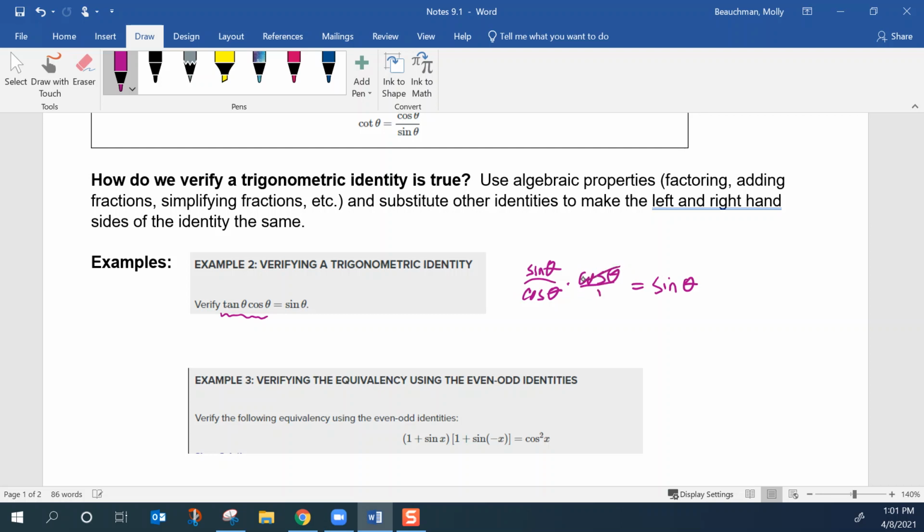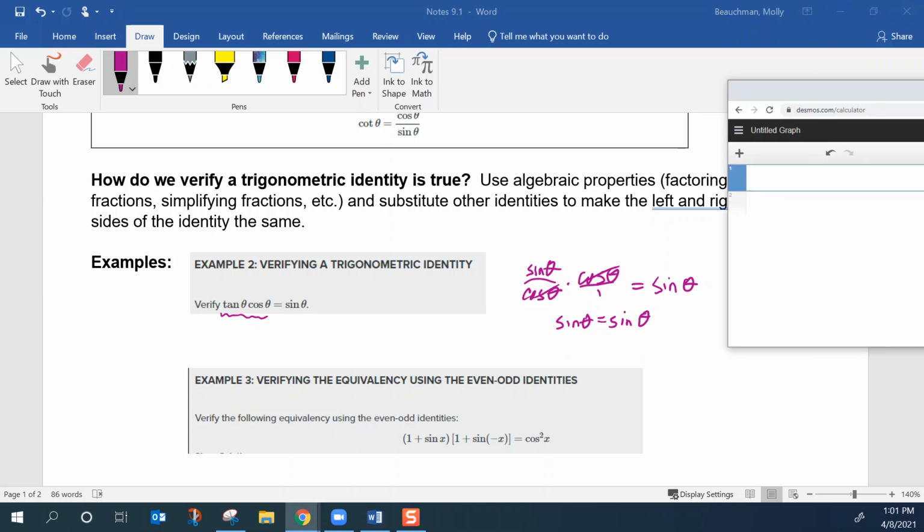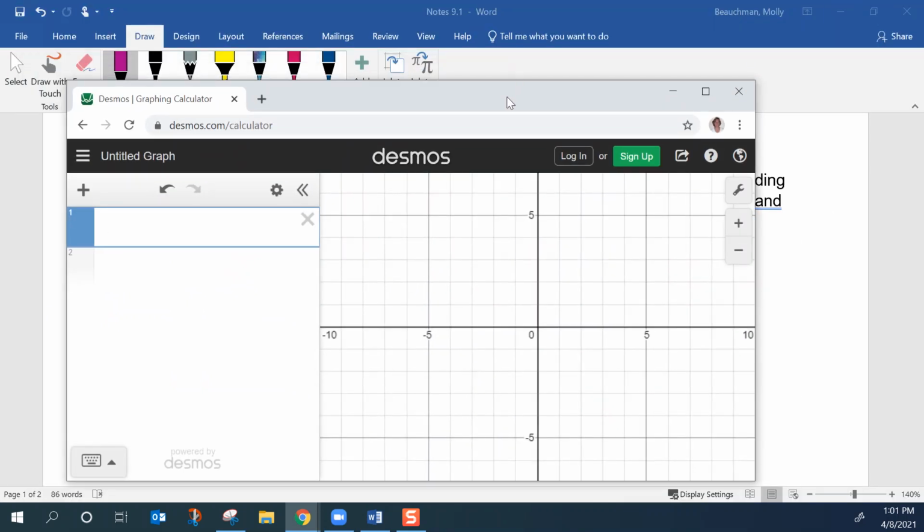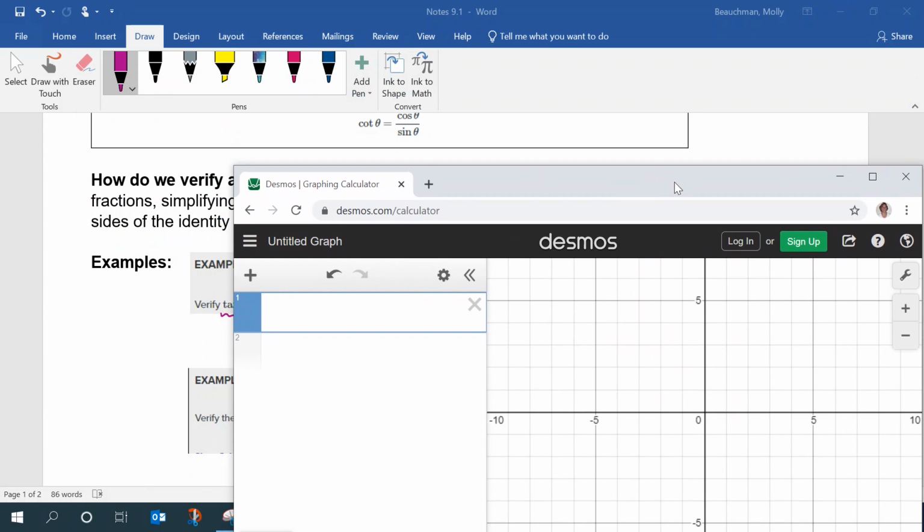Cosine over 1, the cosines cancel, and I get sine is equal to sine. So I verified the identity by making one side look like the other side. How do you know if you're starting with an identity, and how do you know it's true? You could show using a calculator that if you graph each side, your graphs should coincide, meaning be exactly the same.